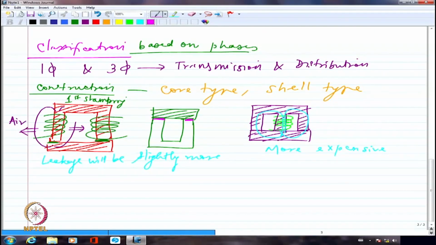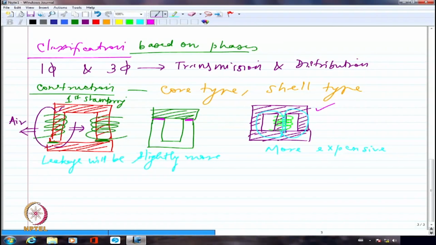I would like to put the second stamping with the straight portion at the top and vice versa. Continuously I'll do that, first, second, third, fourth and so on. The same thing I should be able to do here also. In one case on the top I can put the E, at the bottom I can put the straight line, and the second stamping will have the straight line at the top and E at the bottom.